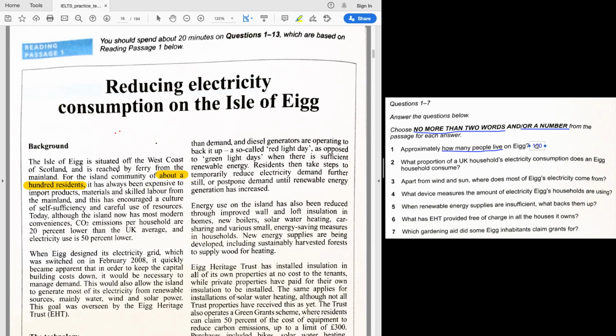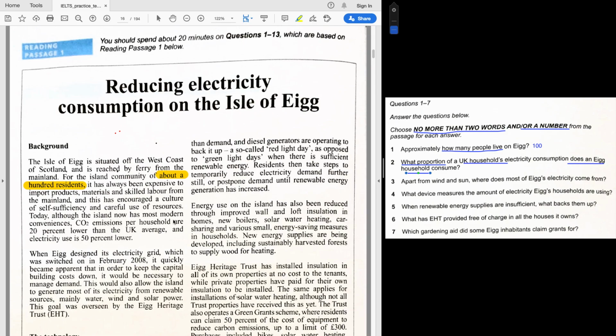Perfect. Okay, number 2, what proportion of UK households' electricity consumption does an EG household consume? So let's skim real quick.